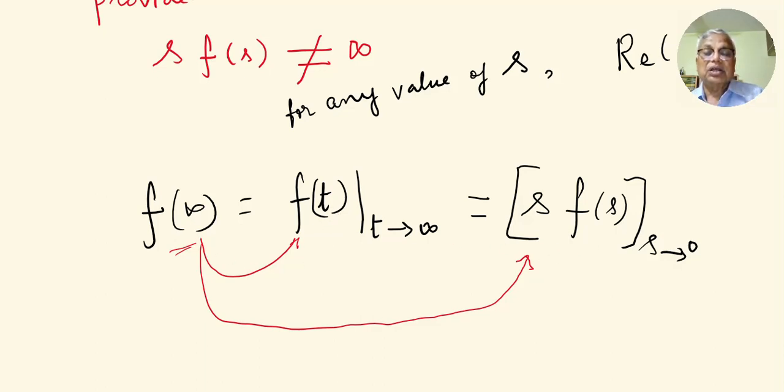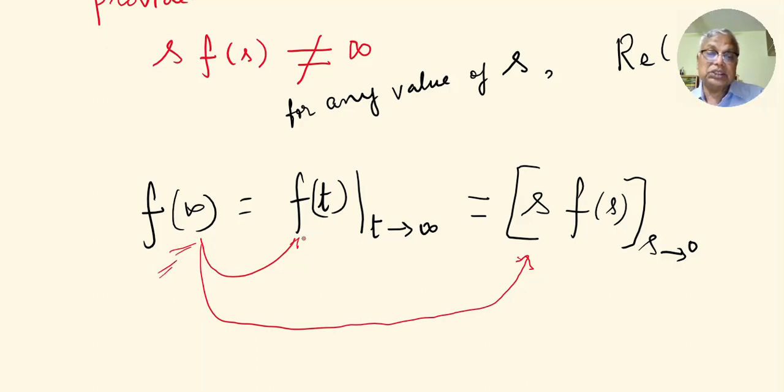That would be a tedious, lengthy procedure. We can cut short that procedure and save time by using these theorems. Directly from the Laplace transform, multiply by s and put s equal to 0, and you get the ultimate value f of infinity.